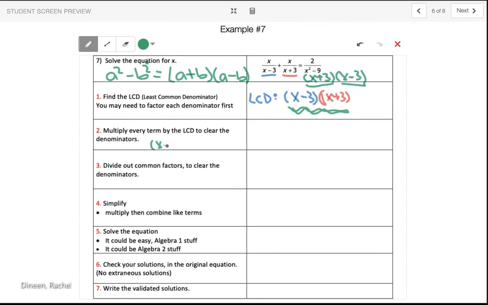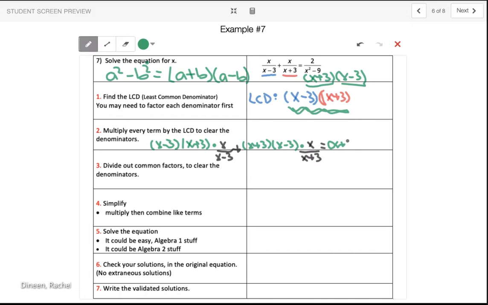So I have x minus 3 times x plus 3 times x over x minus 3 plus x plus 3 times x minus 3 times x over x plus 3 equals, so notice how I'm multiplying the LCD by every term.